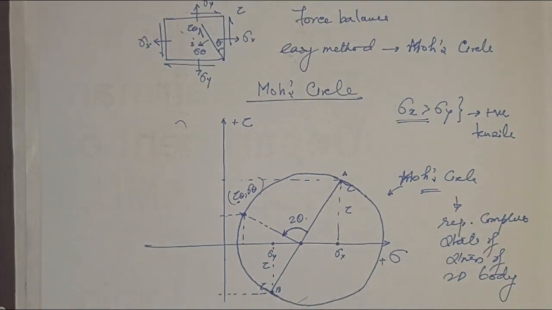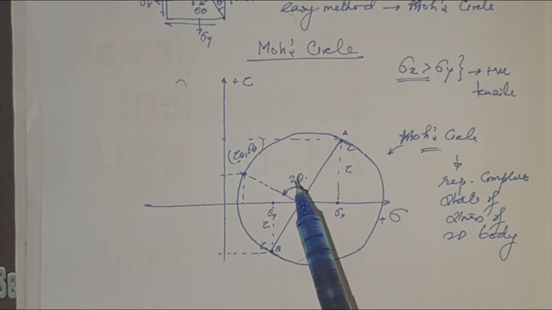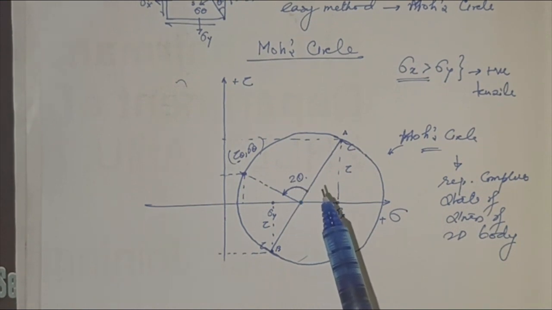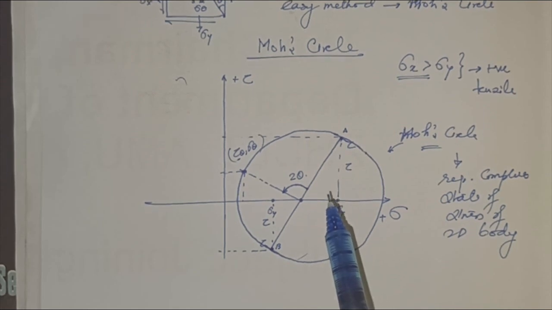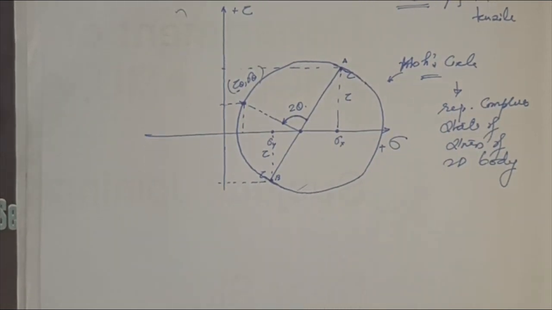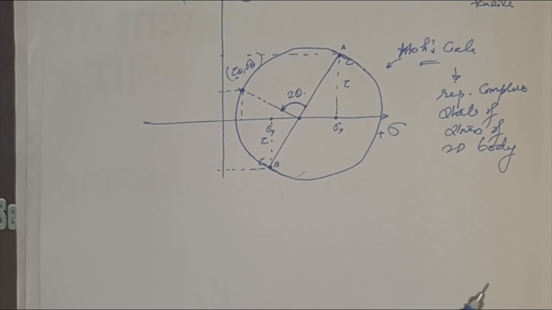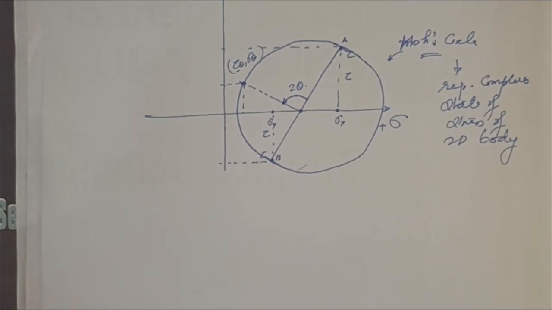So let's look more at this. This is any transformation of stress on the Mohr circle. Let's consider a particular example of the orientation that we want. We want the maximum stress, which is called the principal stress.